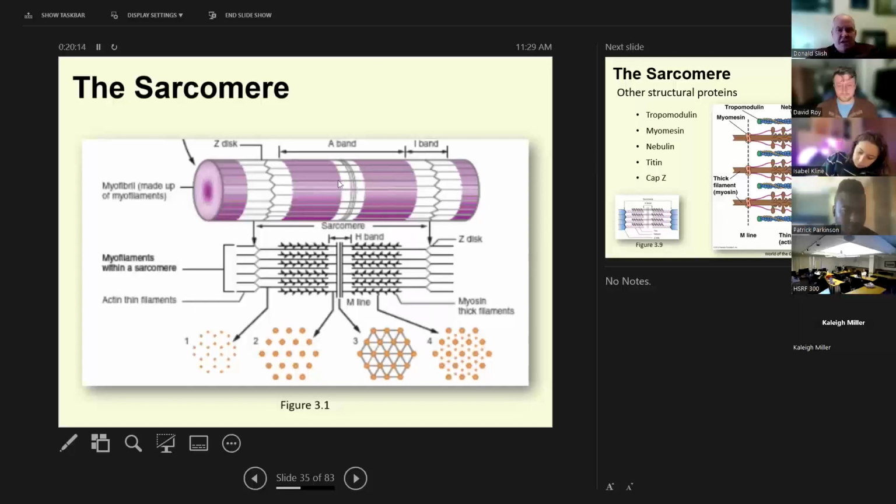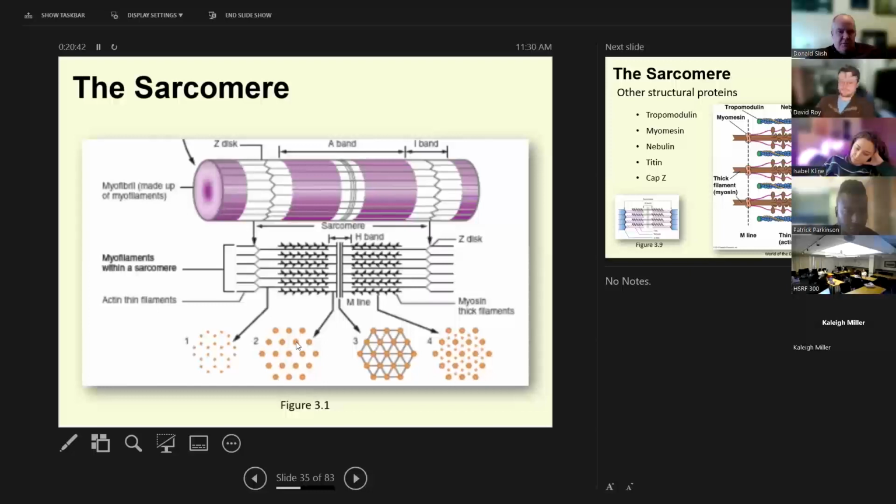In the center, you've got the H band, which is thick filament that's not overlapped with thin filaments. And then the M line is the line in the middle. So you can see it down here. Your thin filaments are in the I band and overlap in the A band, but here in the middle, the H band, there's no overlap. It's just thick filament.